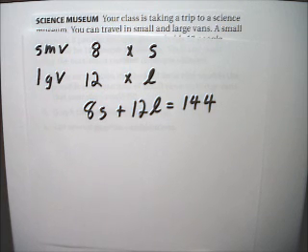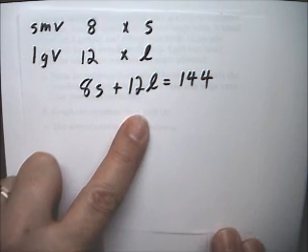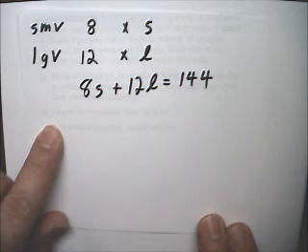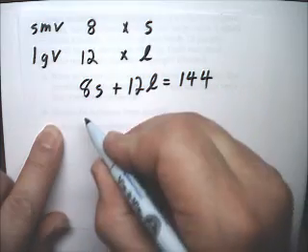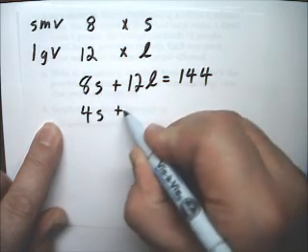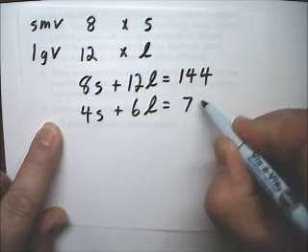and it looks like I certainly could reduce this equation and make it a little easier to work with. I notice that everything is divisible by 2, and then everything is probably divisible by 2 again. So I'm going to do that. 4S plus 6L equals 72.